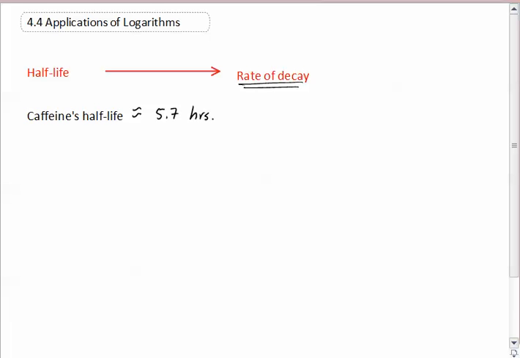So here we go. I want to begin with a formula that has y equals, and we're going to say this is the initial amount, times 1 plus r to the t power. Now, that's one formula, but I also want to give you another formula, which is this.